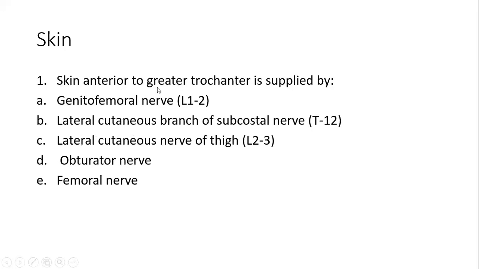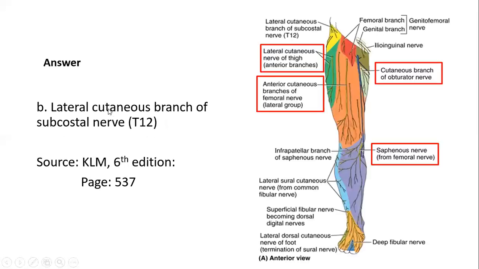Skin anterior to greater trochanter. Now, yes, this question is related with the cutaneous innervation of the thigh, but not the complete thigh or the complete lower limb. This question is asking you for a specific part over the specific landmark. So the specific part asked is skin and location is anterior to greater trochanter. So which of these options is the correct option?